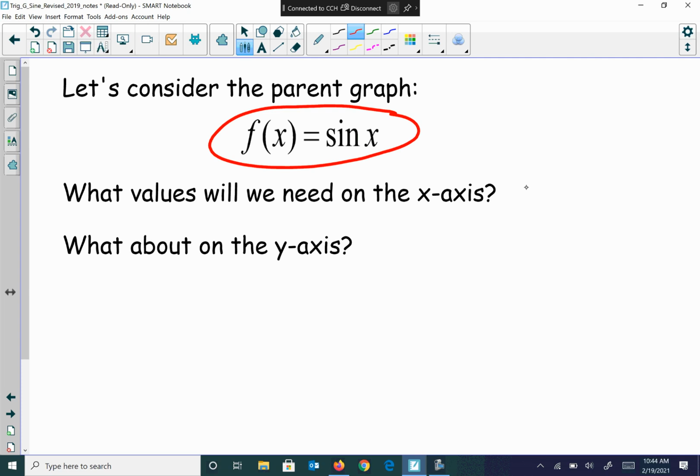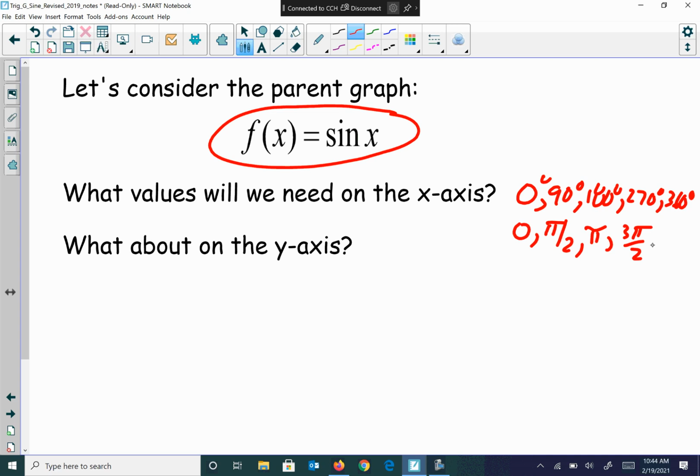So what values do you need on the x-axis? Well, you need basically 0, 90 degrees, 180 degrees, 270 degrees, and 360 degrees, which is back to 0, which is 0, pi halves, pi, 3 pi over 2, or 2 pi, depending upon what you want.